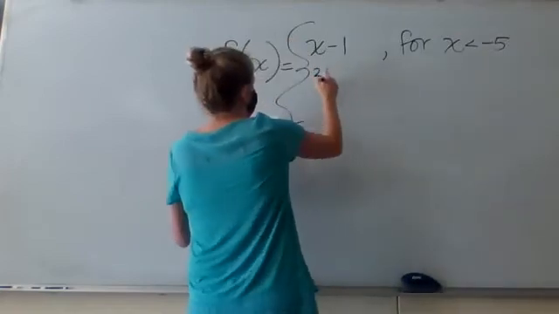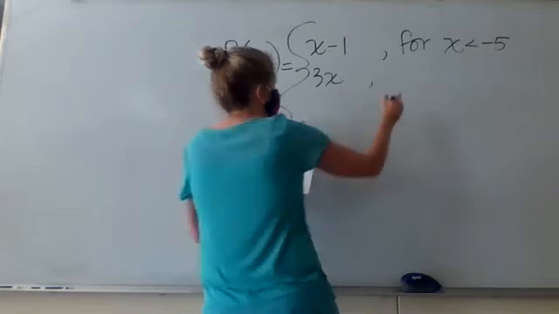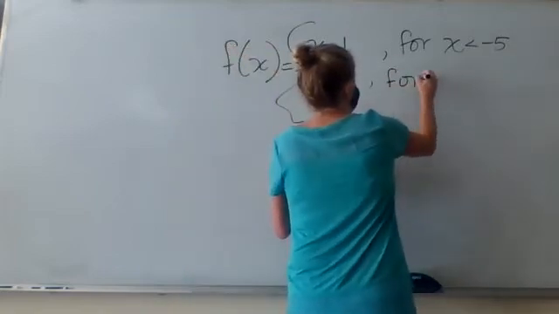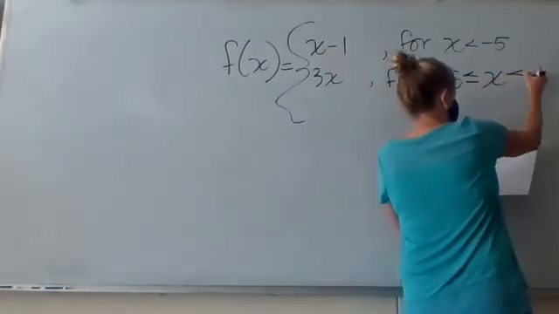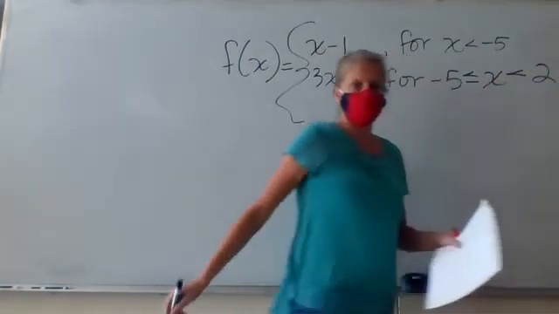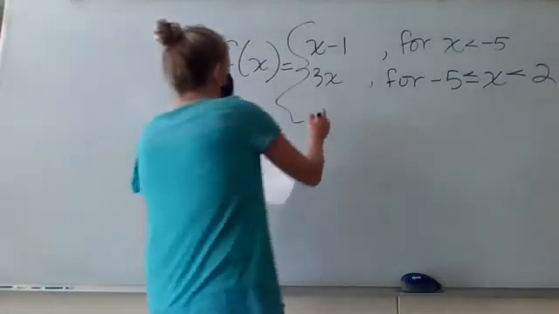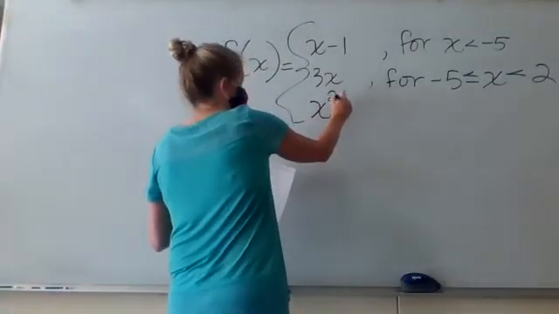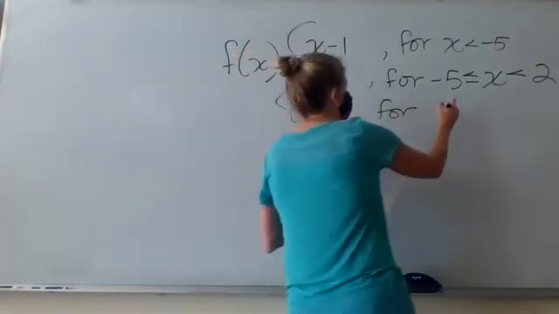F of x equals 3x for when x is between negative 5 and 2. So that looks like this: negative 5 less than or equal to x, which is less than 2. Now, the third piece is f of x is x squared for when x is greater than or equal to 2.